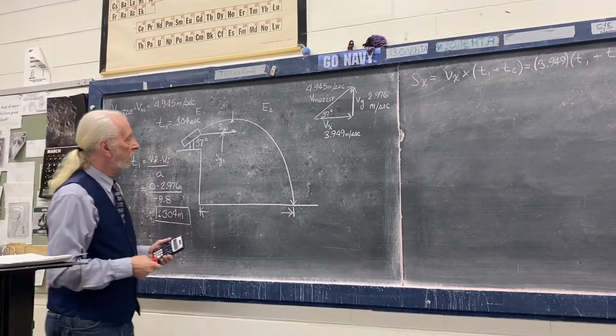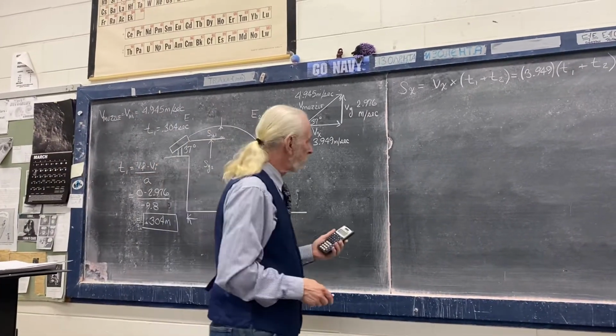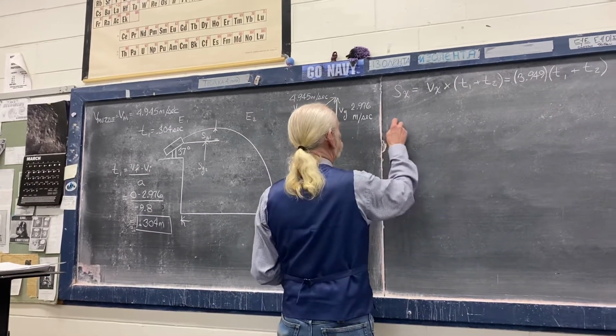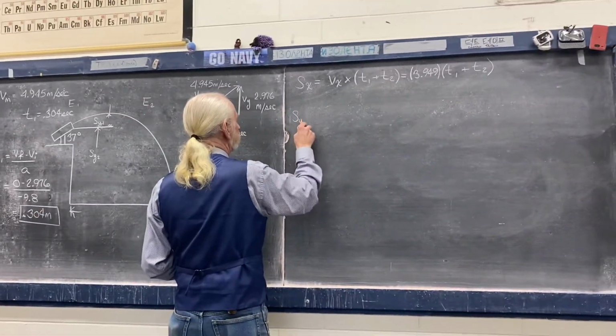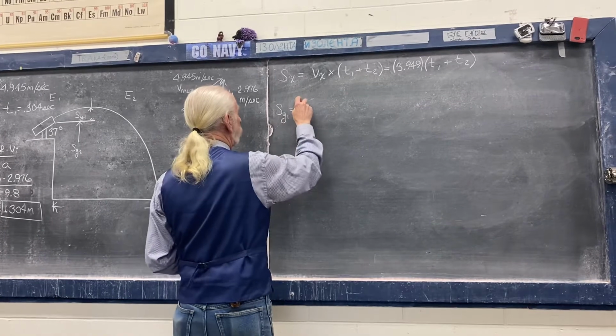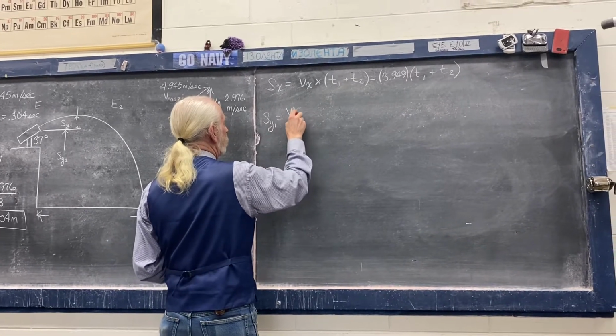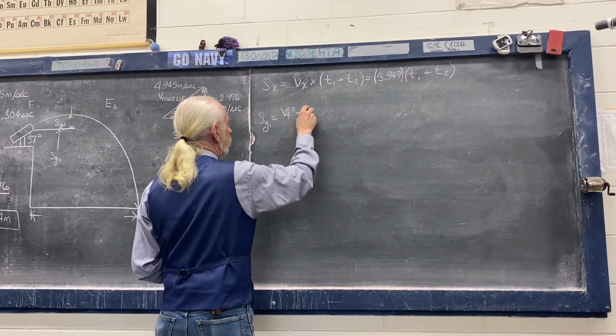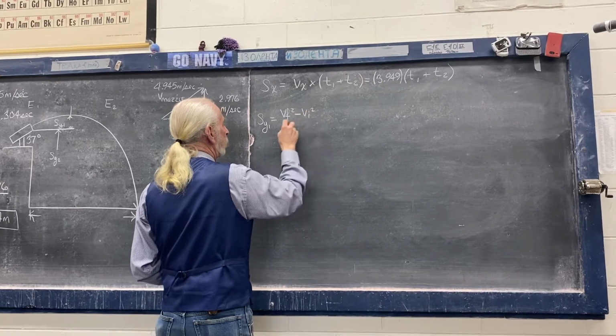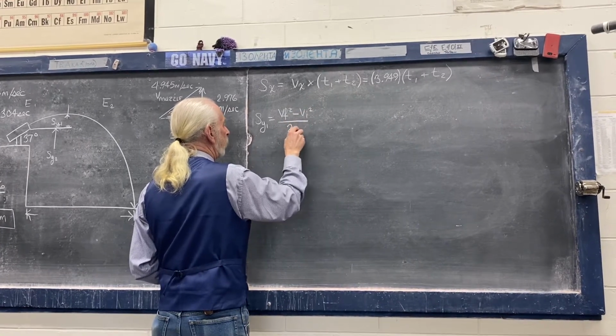Well, SY1 is going to equal final velocity squared minus initial velocity squared over 2a.